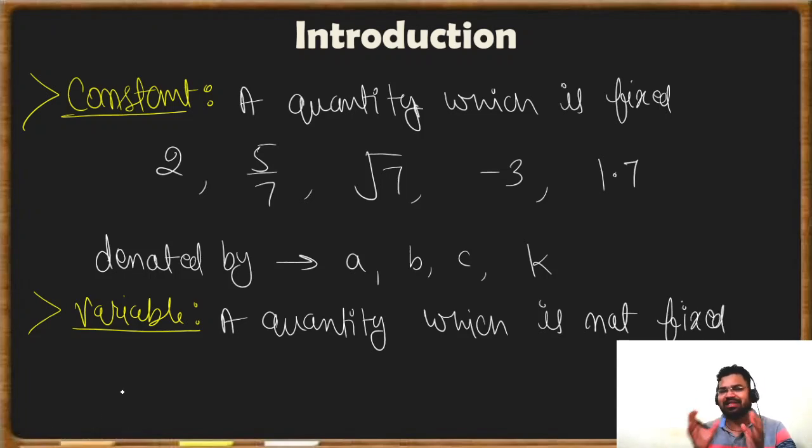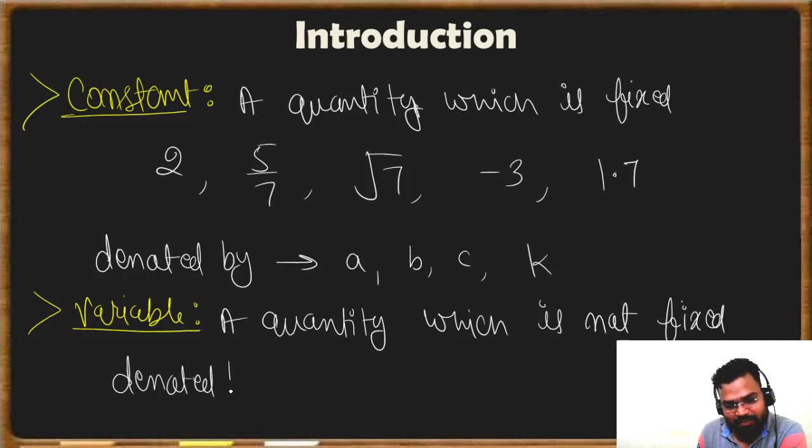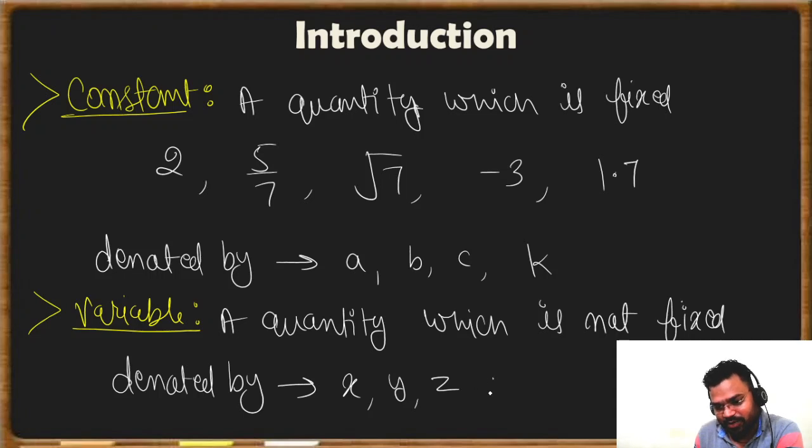It can be anything. Yes or no? And how do we denote it? It is generally denoted by x, y, z, w. You can choose any letter, but generally we will use x, y, z, w.